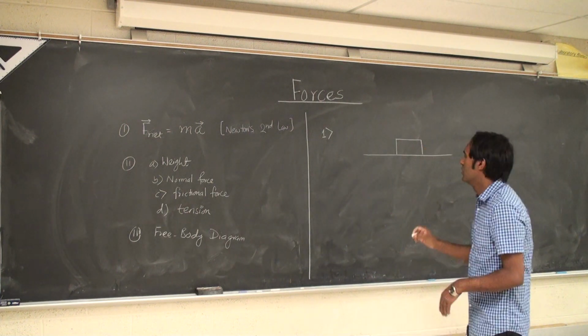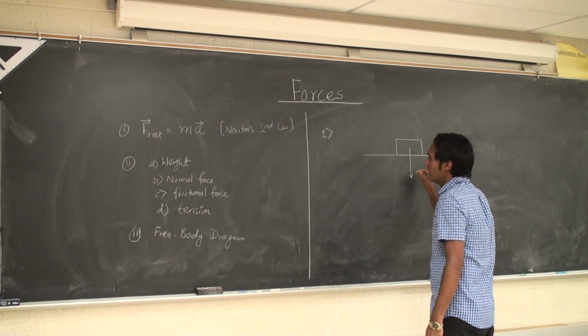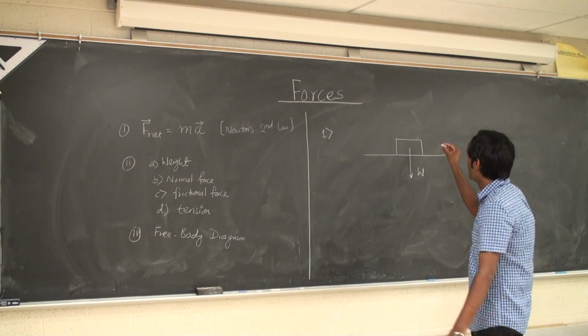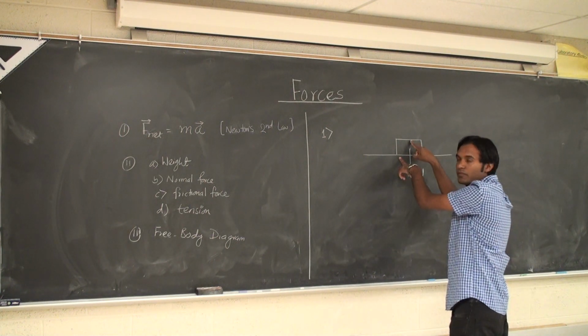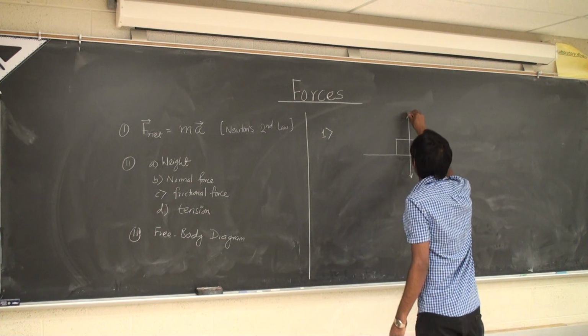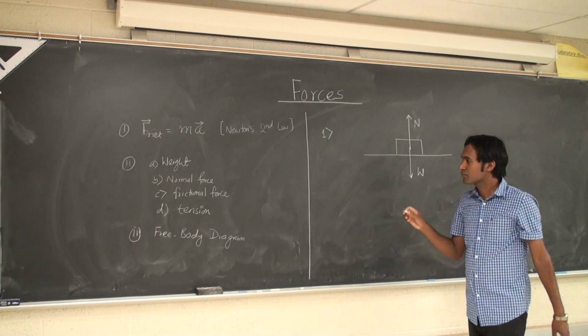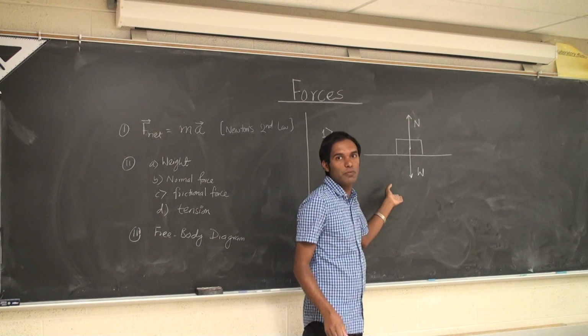The weight is acting vertically downward, and I could write W. The normal force is on the box due to the paper, and that is acting vertically upward. So this is the normal force, and we should use the proper notation to represent the different types of forces.